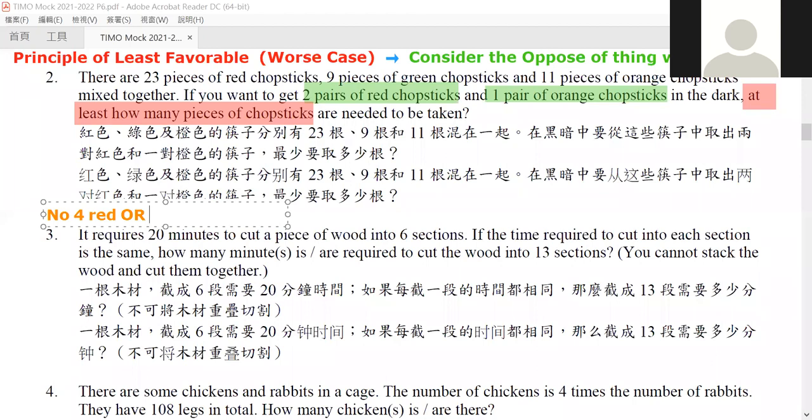Or you do not have 2 orange. This statement is the direct opposite of the statement in green. The whole thing.